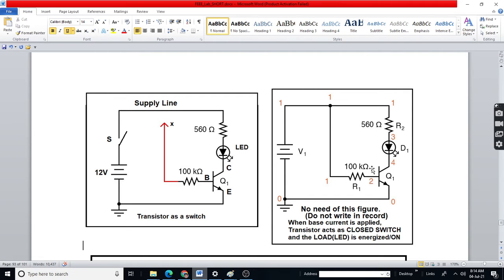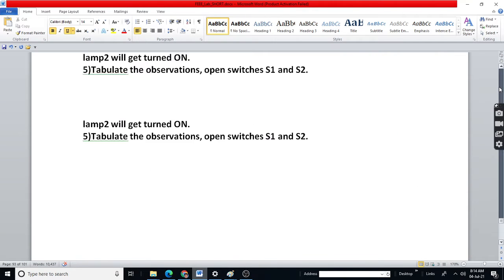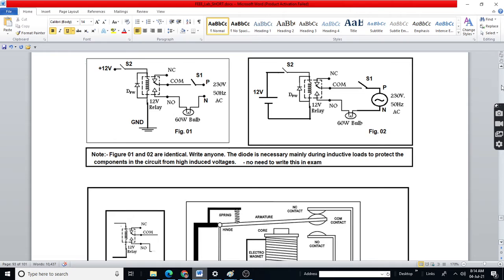Like in a relay, small amount of relay coil current controls the higher current circuit of its relay contacts. Relay contacts are of higher current ratings. Relay coil is of low current rating.